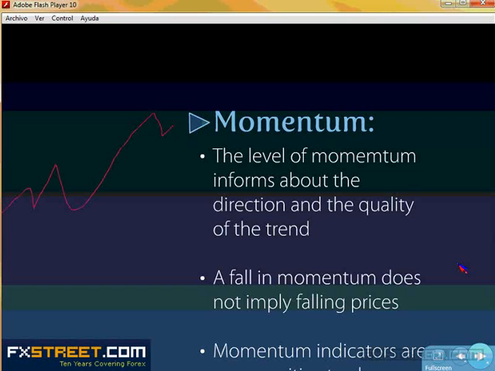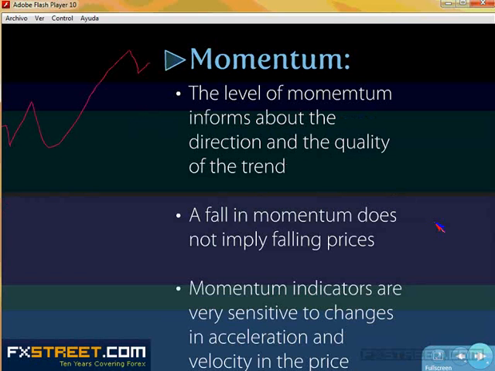Thus, a falling momentum does not imply falling prices. I think this is a basic idea, but it should be mentioned, because what a momentum indicator does is detrend price action, and it lets the price action oscillate above and below an equilibrium line, so to say.